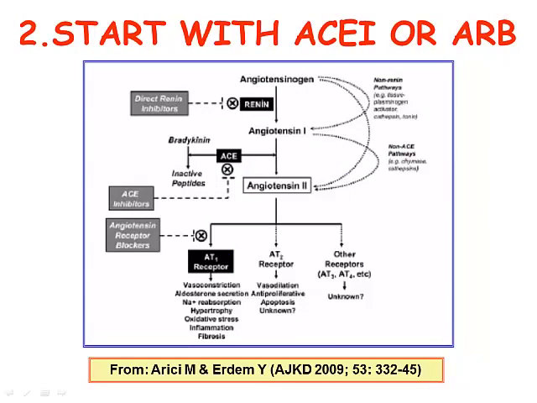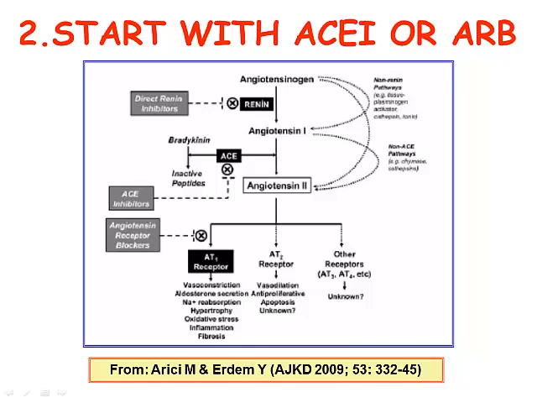We have angiotensinogen, which is activated by renin and transformed into angiotensin I. Angiotensin converting enzyme transforms angiotensin I into angiotensin II, which is active on angiotensin receptors, the most important of which is angiotensin receptor 1, which is associated with vasoconstriction, increased aldosterone secretion, sodium reabsorption, hypertrophy, oxidative stress, inflammation, and fibrosis.